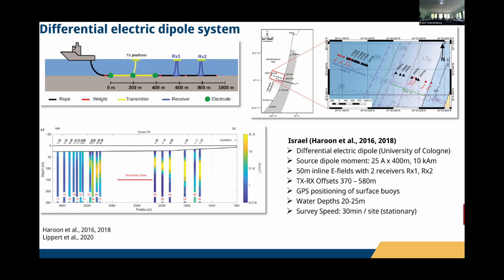Blue colors, conductive, pointing at saline pore water. The interpretation is that they could show the freshwater aquifer extends up to about 3.5 kilometers away from the shore.